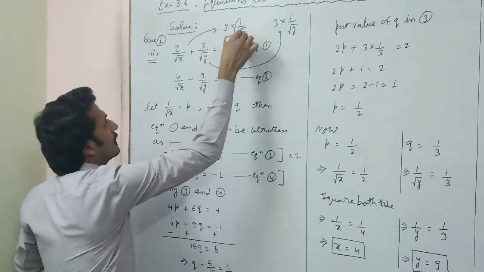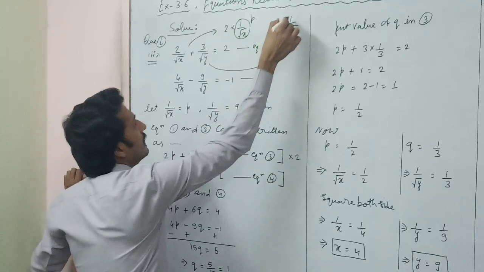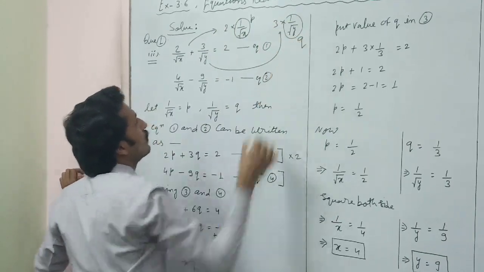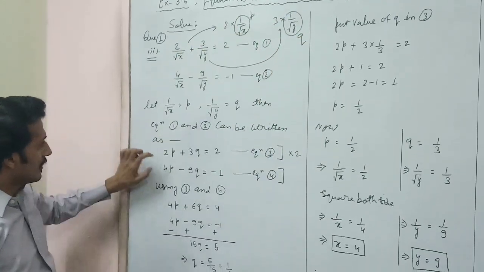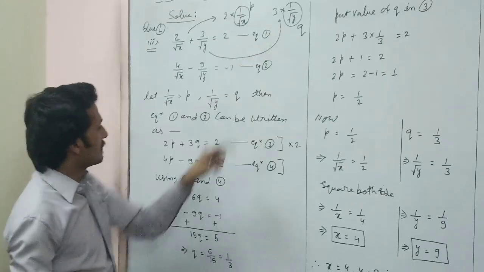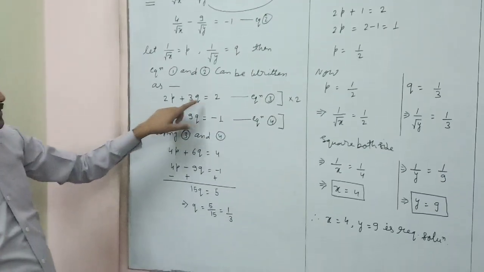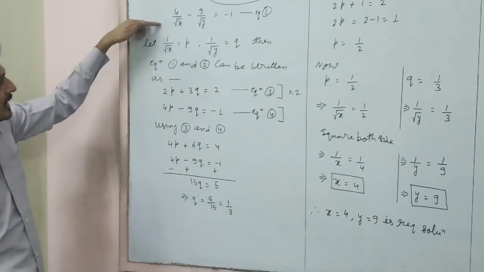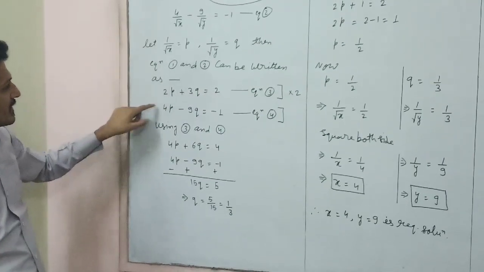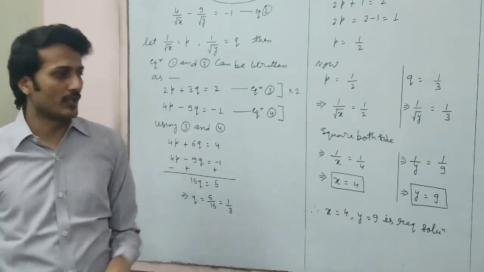This is assumed as p and this is assumed as q, so this term becomes 2p and this term becomes 3q. So the equation becomes 2p plus 3q equals 2. In the same way, equation 2 can be written as 4p minus 9q equals minus 1.